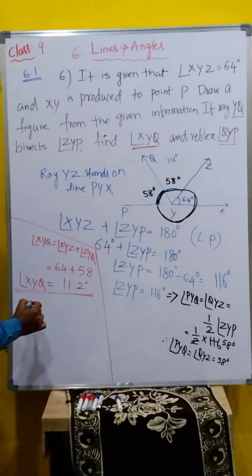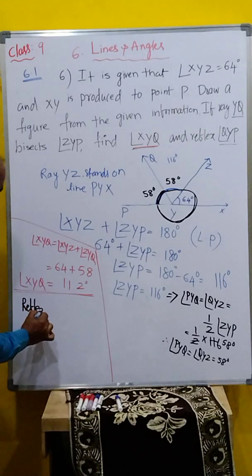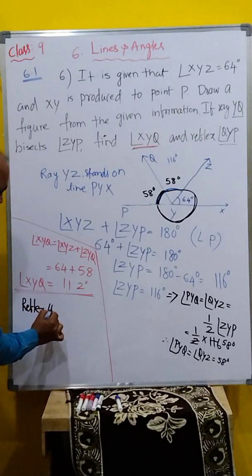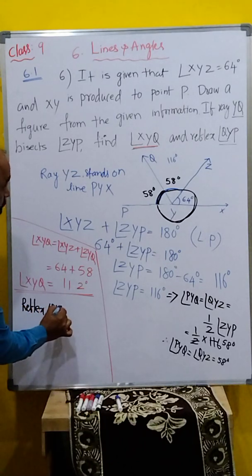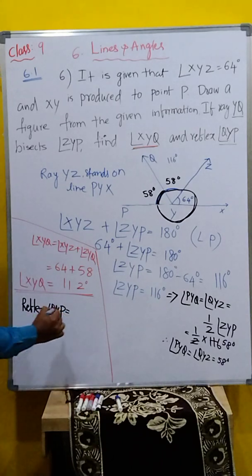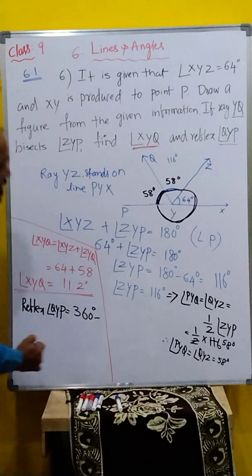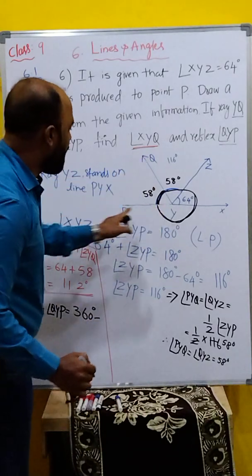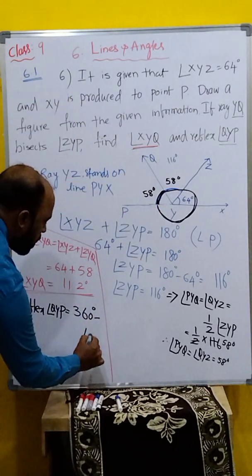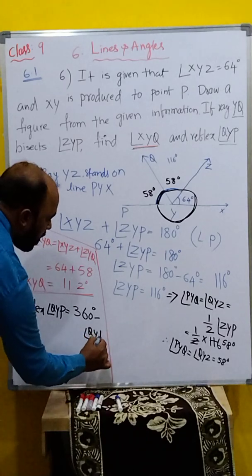Reflex angle QYP is equal to 360 minus the angle QYP.